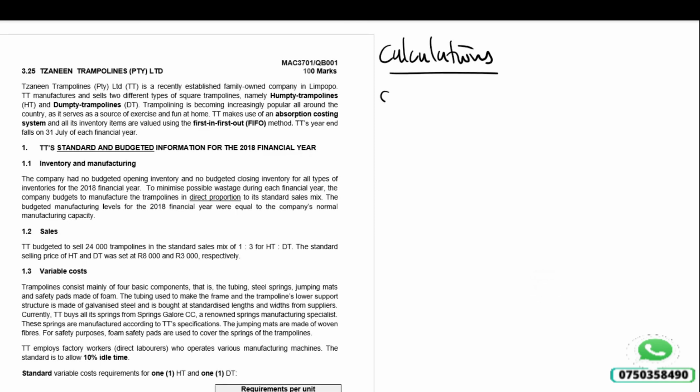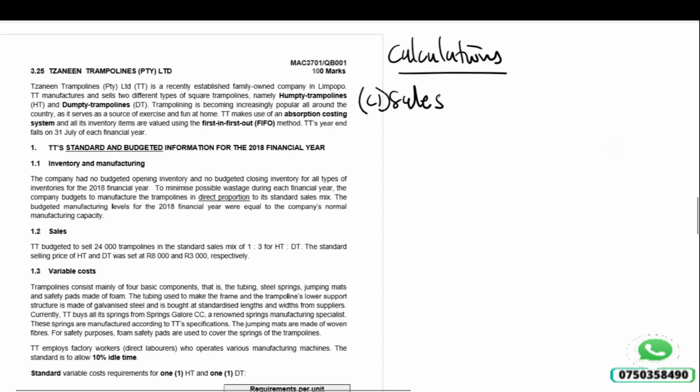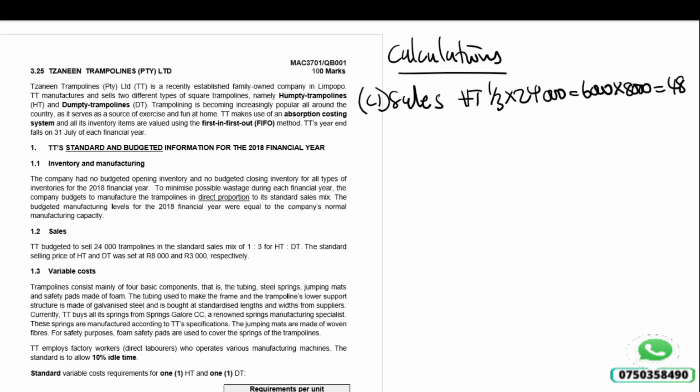So under my calculations, I have calculations for sales. For HT it was 1/3 multiplied by 24,000, and then you got 6,000, and then you multiply by the selling price of 8,000. That's how we got 48 million.